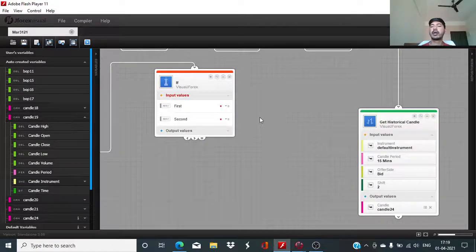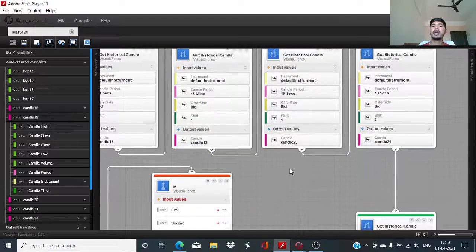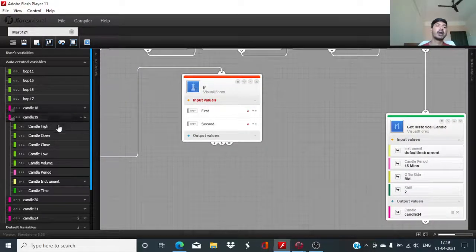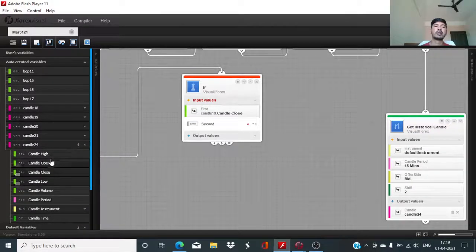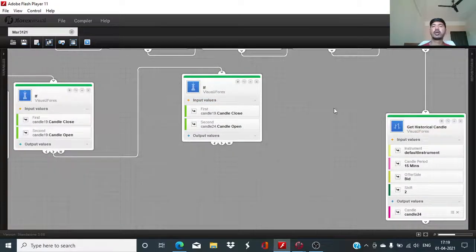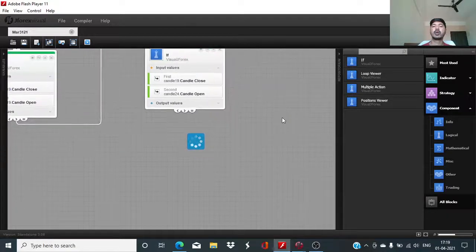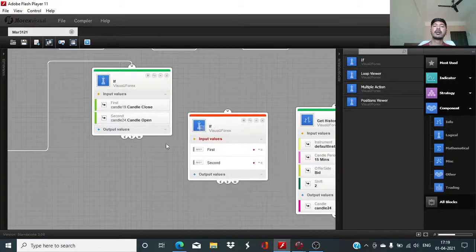So we will have to compare the candle 24's opening price with the candle 19's closing price. And for that, okay, so here also we will need first input greater than second input.